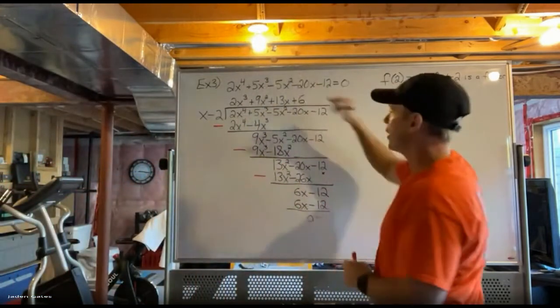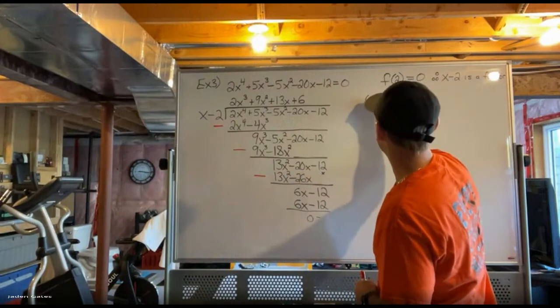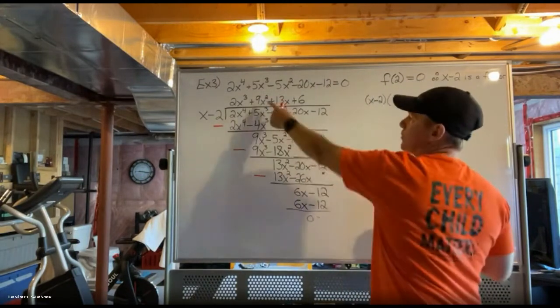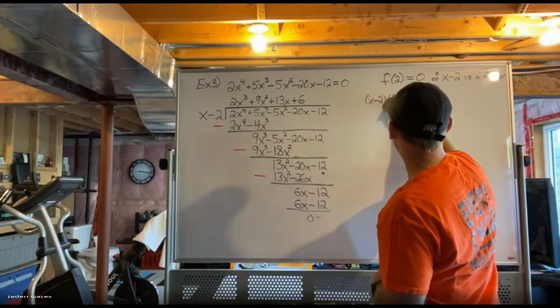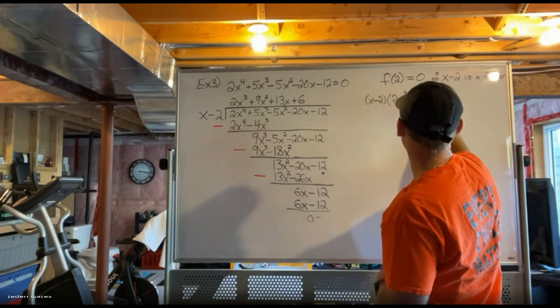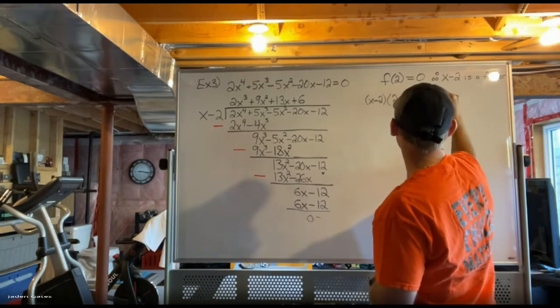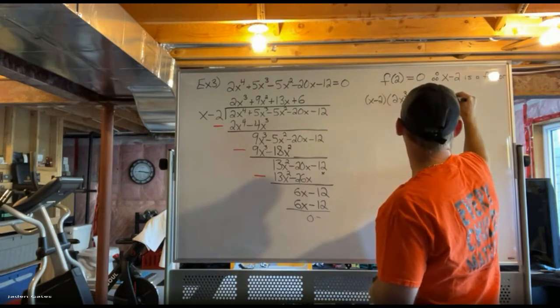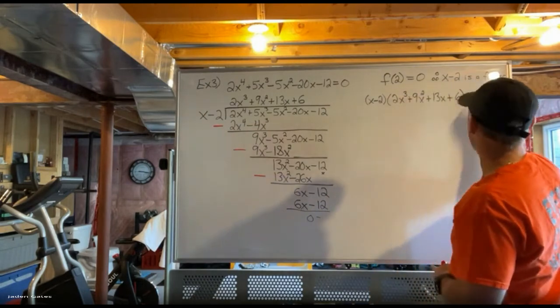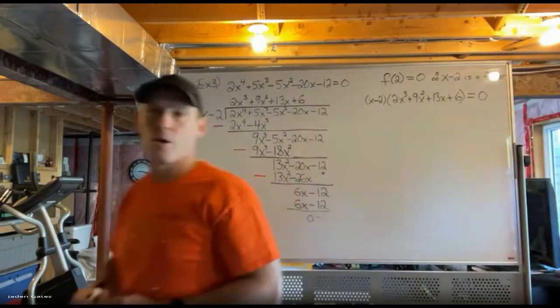I have my equation, and now I can write it as x minus 2 times our polynomial up here, 2x cubed plus 9x squared plus 13x plus 6 equals 0.